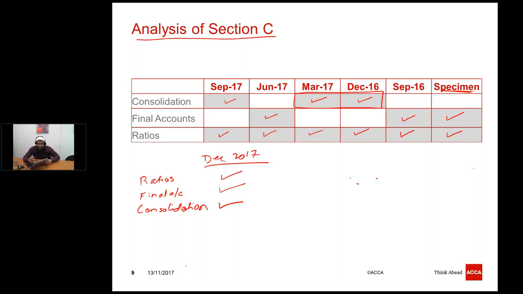So one cannot say that if the consolidation has been asked in the previous attempt, it is not going to repeat. It may get repeated. The final accounts was repeated in the specimen and the September 16 attempt.